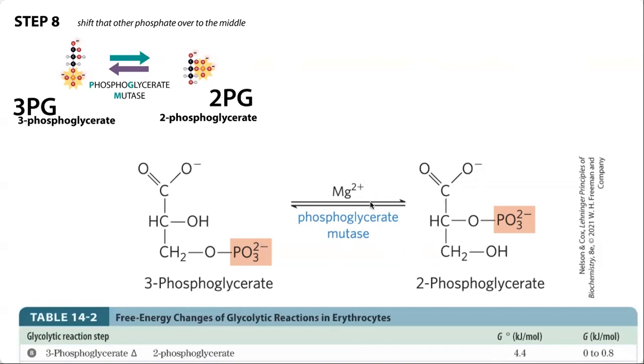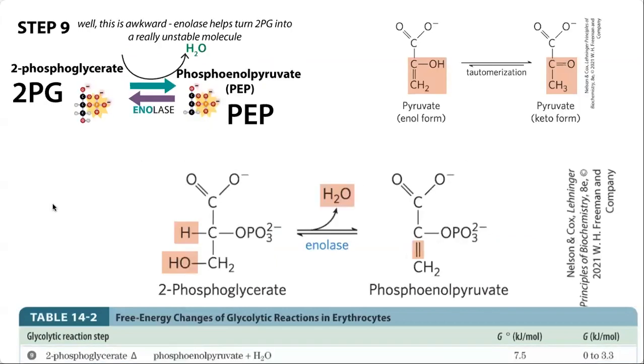So this one's not that exciting. We have this really neutral delta G. But we're able to take 3-phosphoglycerate, move the phosphate group to the 2 position to give us 2-phosphoglycerate. And now we're going to set ourselves up for the big payoff.